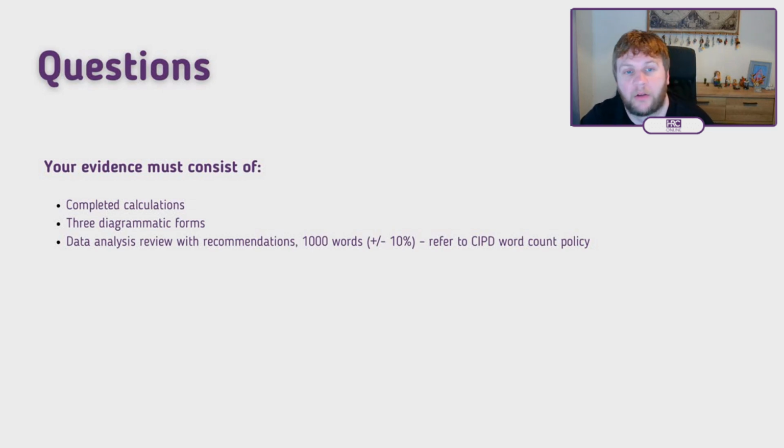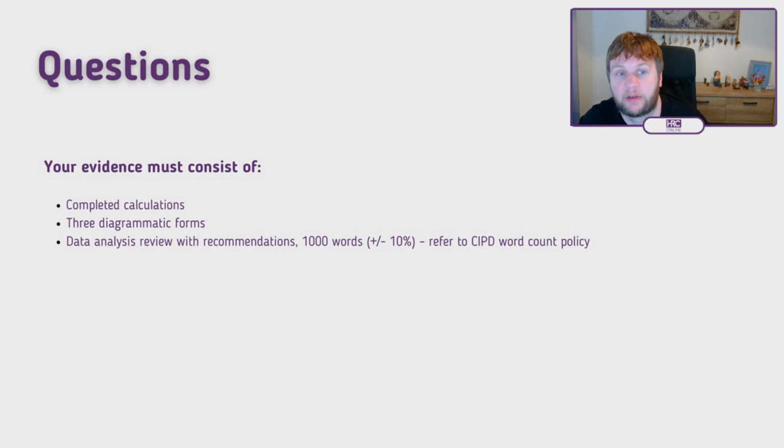Now, remember, your evidence must consist of, and this is what it says, completed calculations, 3 diagrammatic forms, data analysis review with recommendations, 1,000 words, refer to the CIPD word count policy. So again, it's giving you that you need to complete all the calculations, even though it asks for totals.